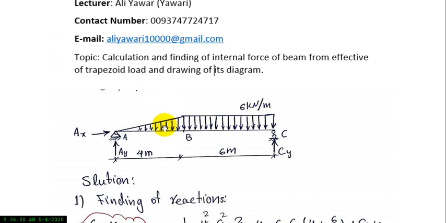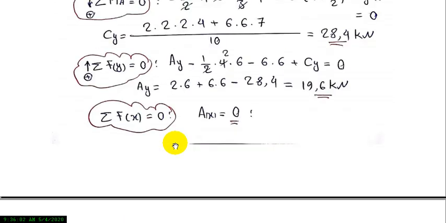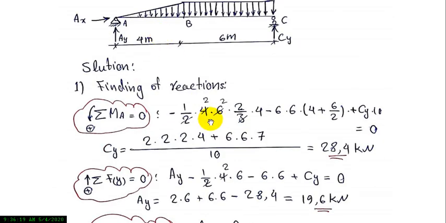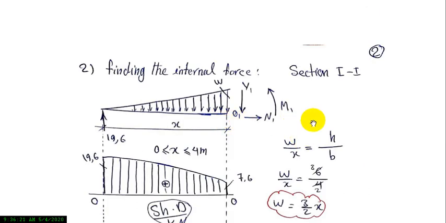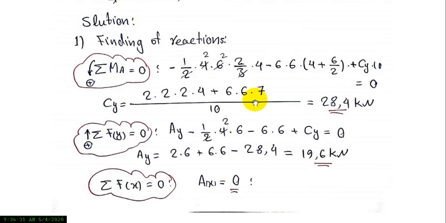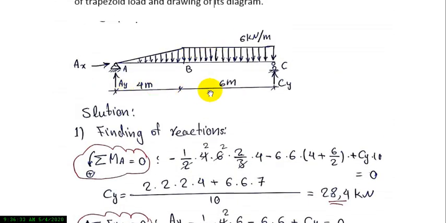We take a section from this point, and w of x over x equals h over b, according to the similarity of triangles. So we can take this equation and put in the values: h is equal to 6 and b is equal to 4. This is h and this is 4.